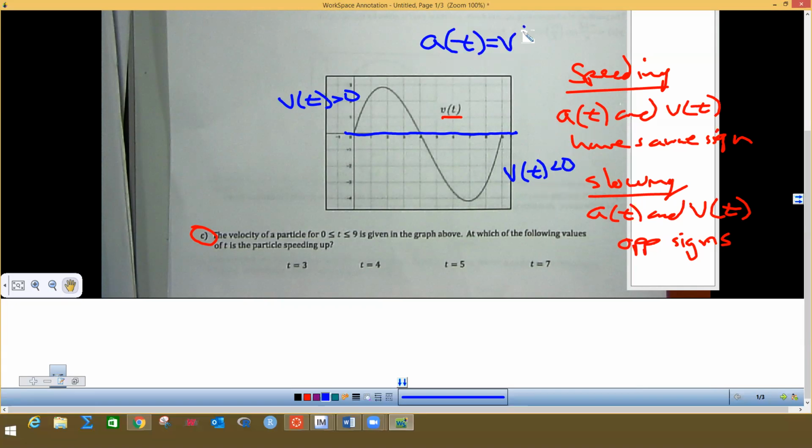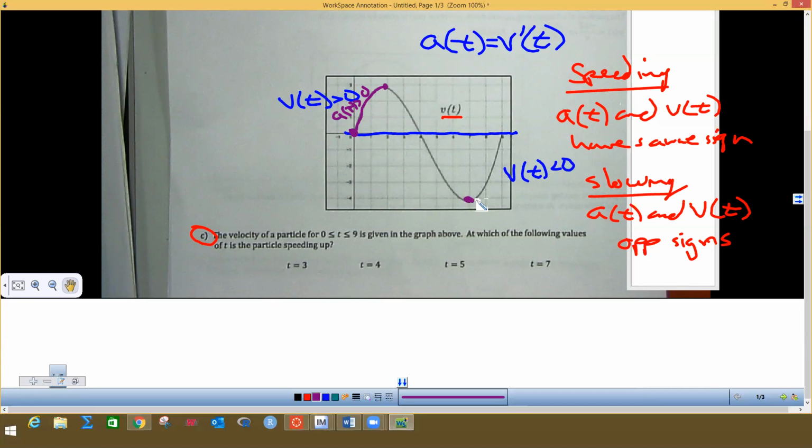equals the derivative of velocity, which means that acceleration is going to be the slope of velocity. So you look at this problem right here, the slope is positive, so the acceleration is positive from here up to that point. So here's where a(t) is positive because the graph is increasing.